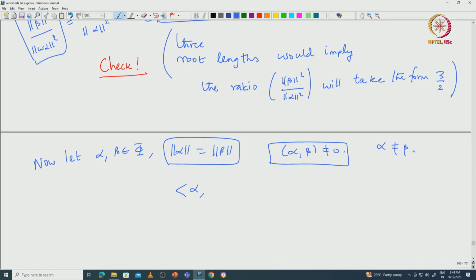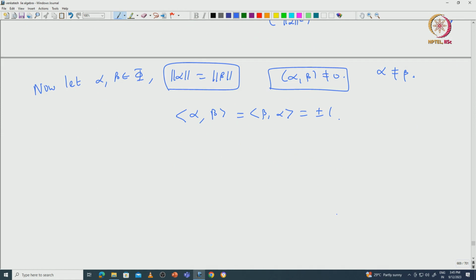So, in this case the Cartan integers of alpha, beta and then beta, alpha must be plus or minus 1. So, now if needed you replace beta by minus beta. So, then you can assume that this Cartan integer is always plus 1.